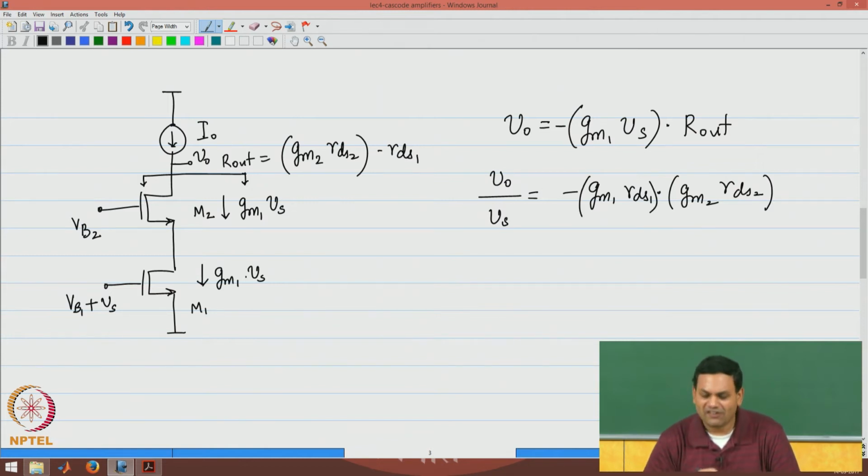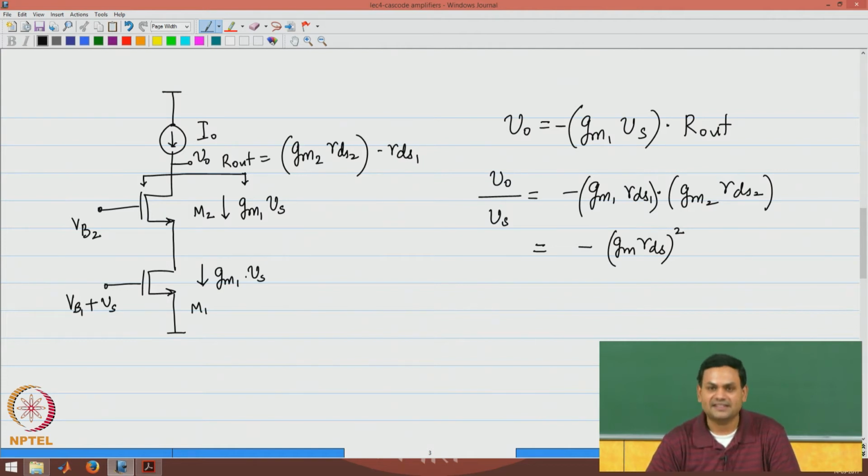So, now we have managed to create a gain that is the square of the intrinsic gain of a single device. In other words, if the two transistors were identical, then GM1 and GM2 would be equal and RDS1 and RDS2 would be equal. So, we have managed to create a gain that is the square of the intrinsic gain.